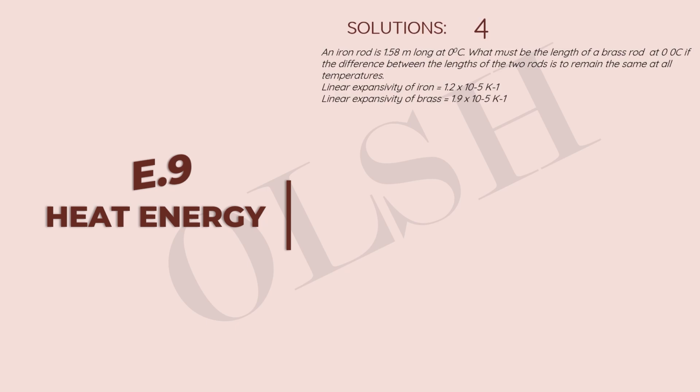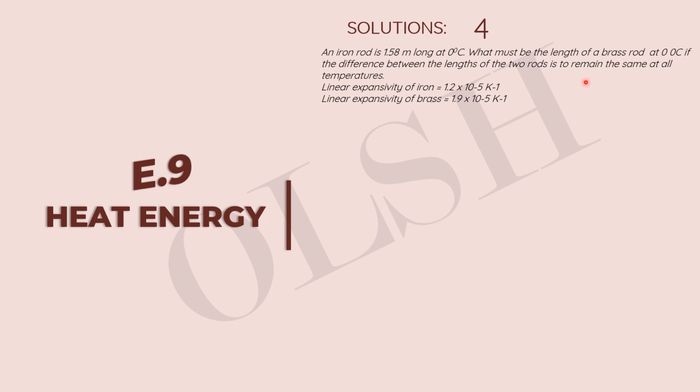All right, an iron rod is 1.58 meters long at 0 degrees Celsius. What must be the length of a brass rod at 0 degrees Celsius if the difference between the lengths of the two rods is to remain the same at all temperatures? The linear expansivity of iron is given, and the linear expansivity of brass is given.